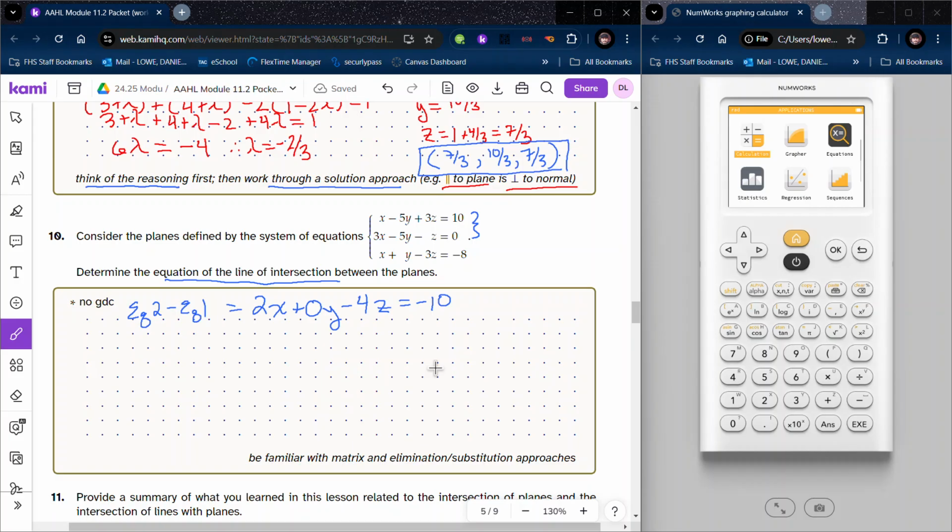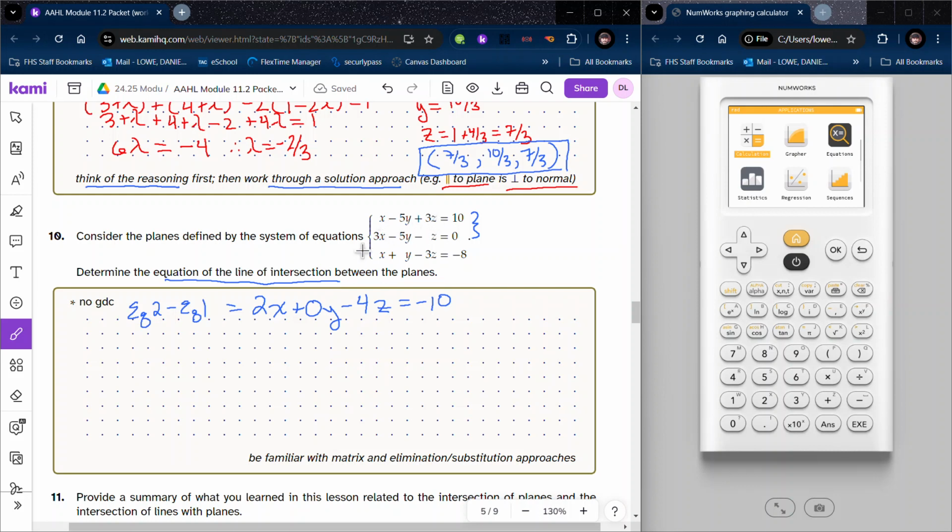Then if I look to eliminate another one of my variables, or look to substitute, I can work through that in a variety of ways. That would be essentially the start to your elimination or your substitution method. So let's think here.